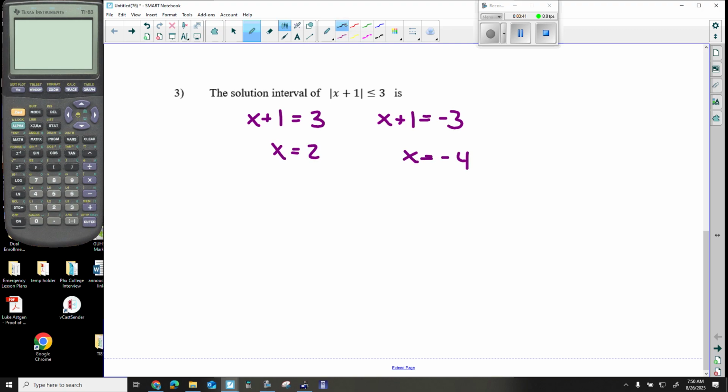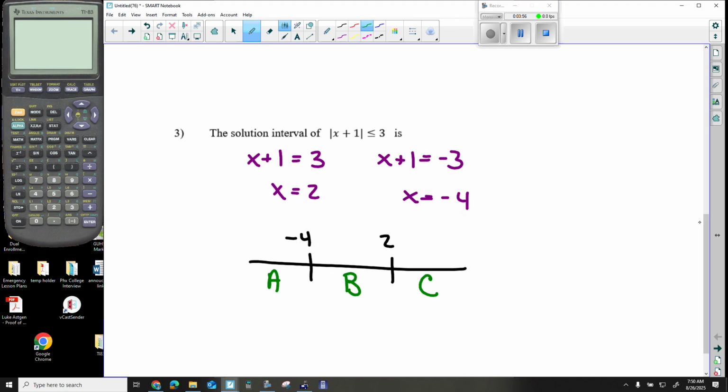Now what I'm going to do is put those on a number line, and I'm going to test these intervals. I'll call them interval A, B, and C. What they do is they exhibit the same behavior as far as, is this good or not good in comparison to the numbers that I plug in.